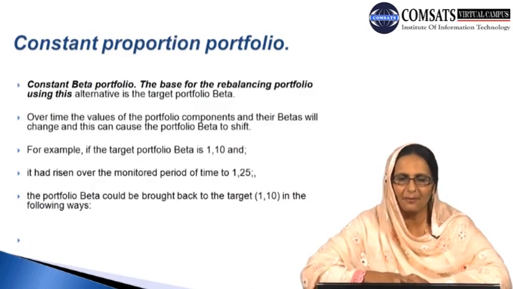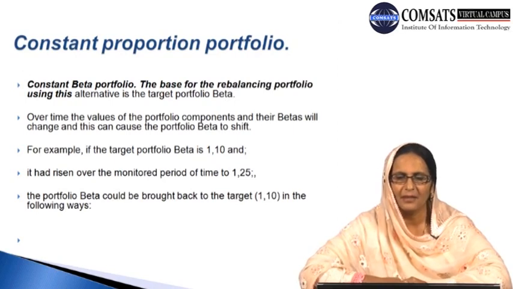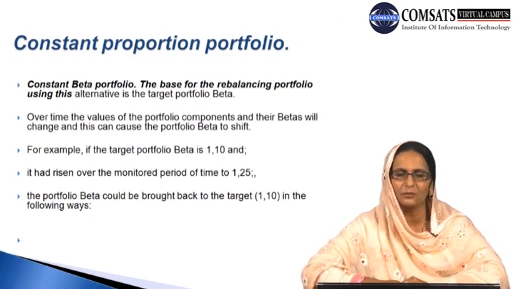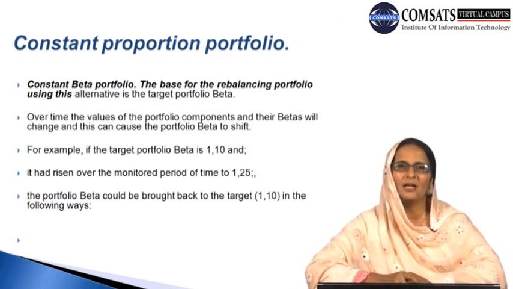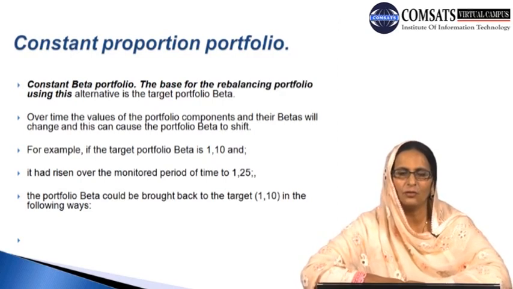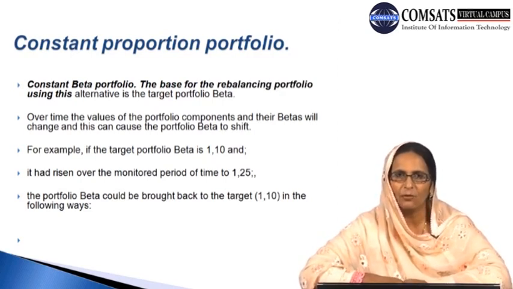A constant beta portfolio is another type, and the basis for rebalancing using a constant beta portfolio is an alternative method to target the beta of the portfolio. Over time, the value of portfolio components and their betas will change, and this can cause the portfolio beta to shift, because as we know from the name, it is about the beta of the portfolio.